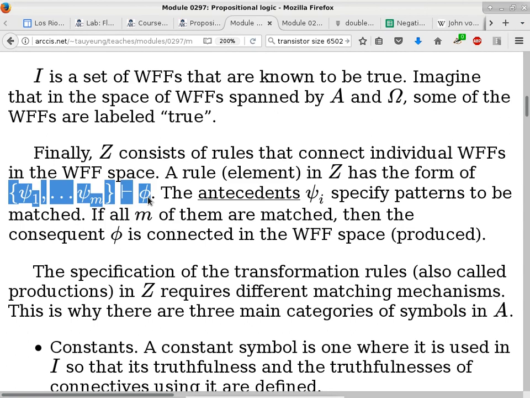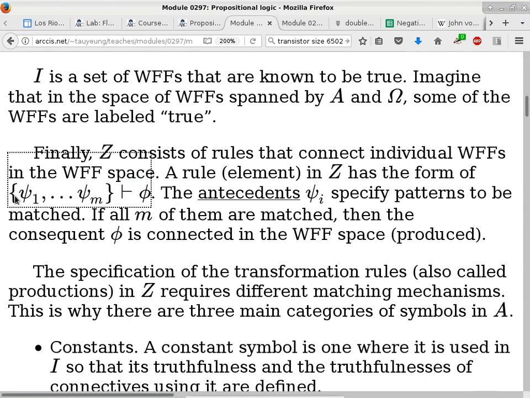This particular symbol, there's a word for that. It's basically a production.